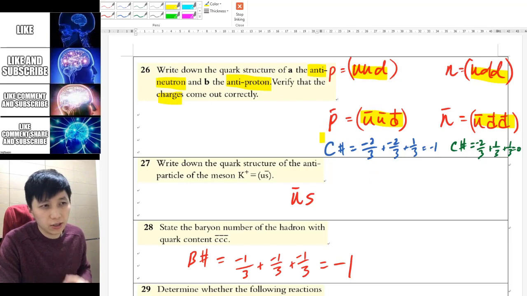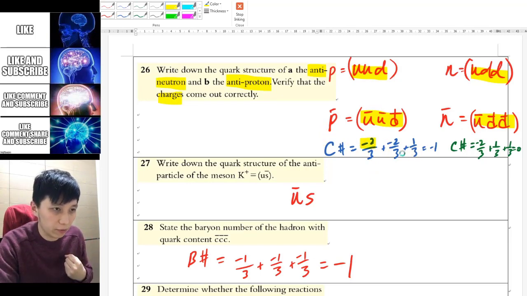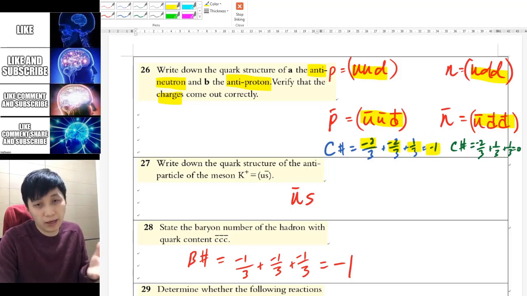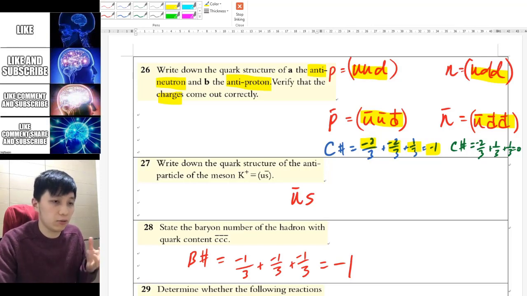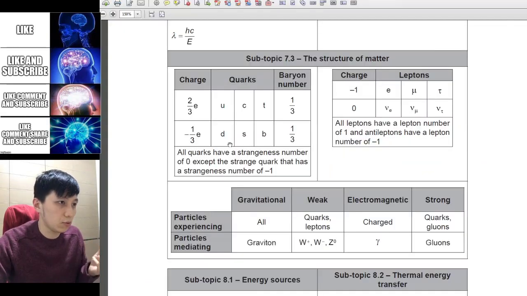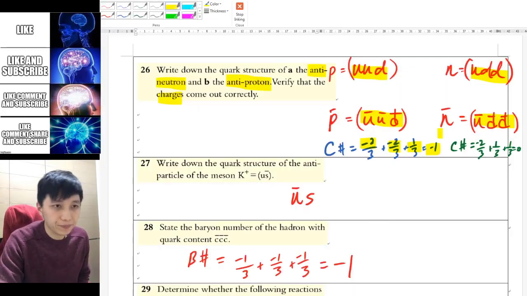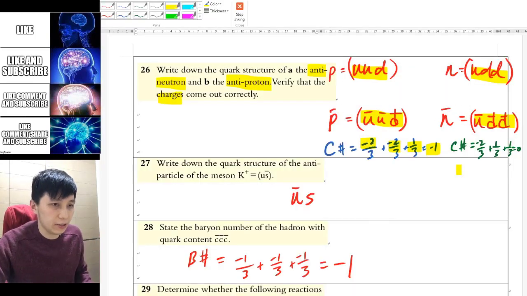If you check the anti-proton, you will find -2/3, -2/3 plus 1/3, and that will be -1. Just by looking at your data booklet, you know for example U is 2/3, and you reverse it, so it becomes -2/3. Similar for the anti-neutron, and it should be 0 for the charge.